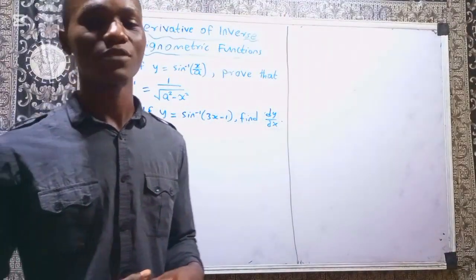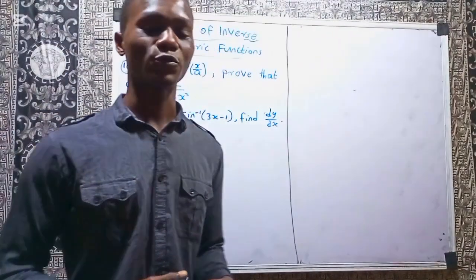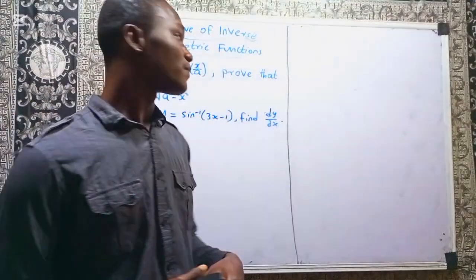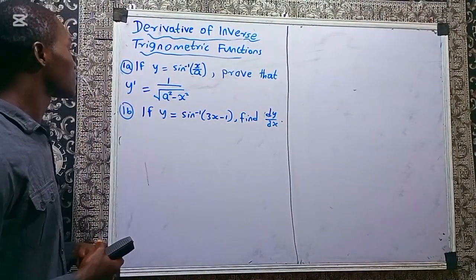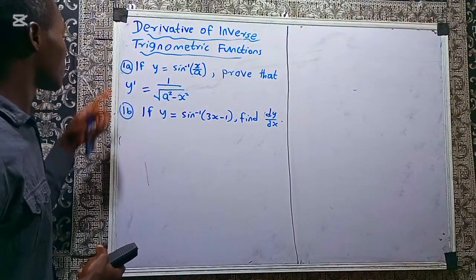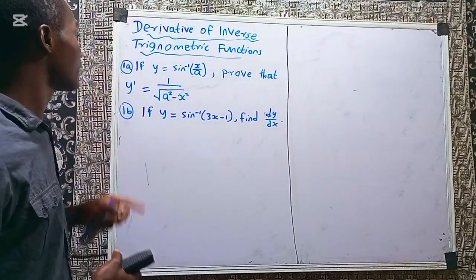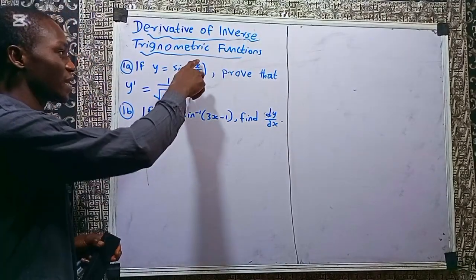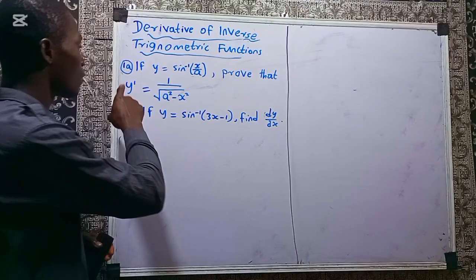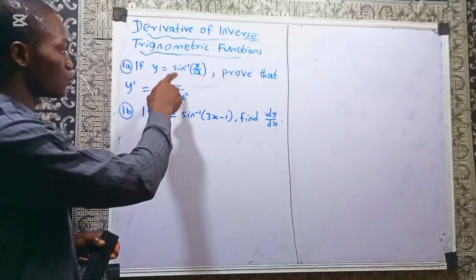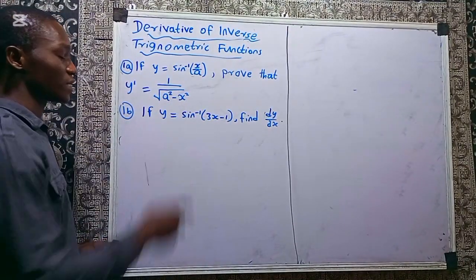So this is what we'll be doing in this class, and I will show you how to do that using examples. For the first question, they said if y is equal to sine inverse of x over a, prove that y prime is equal to 1 over square root of a squared minus x squared.